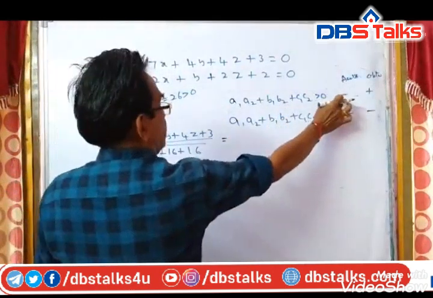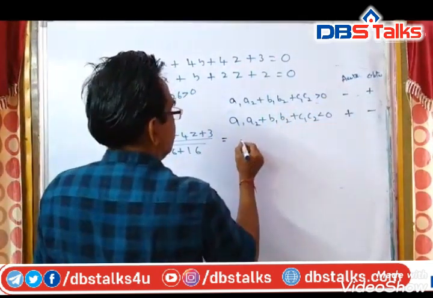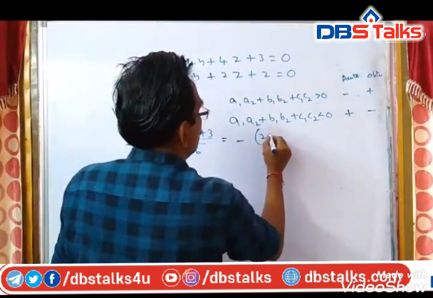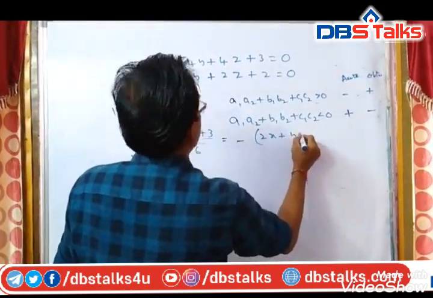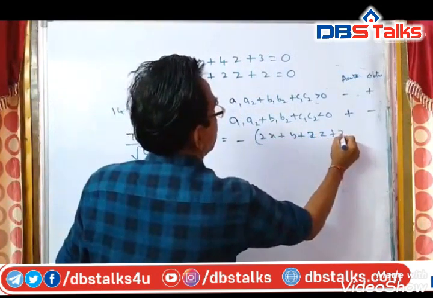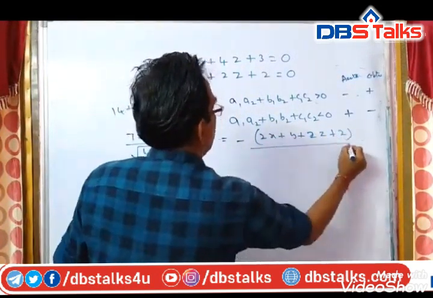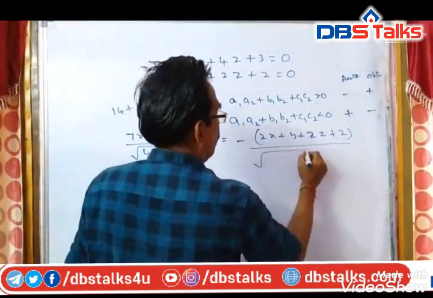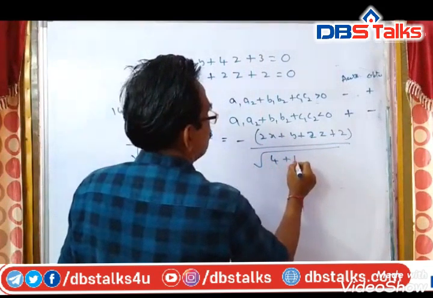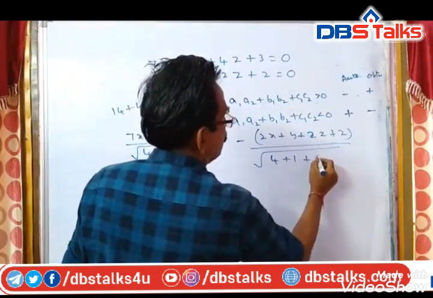We have to take minus because we want the acute angle bisector. Minus (2x + y + 2z + 2) / root of (2² + 1² + 2²).